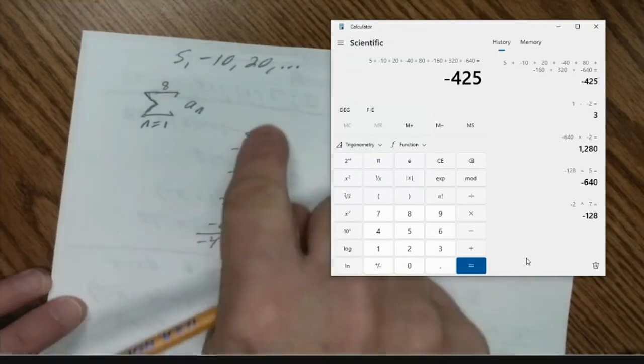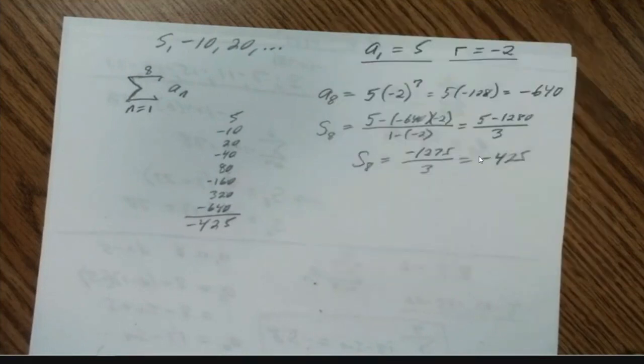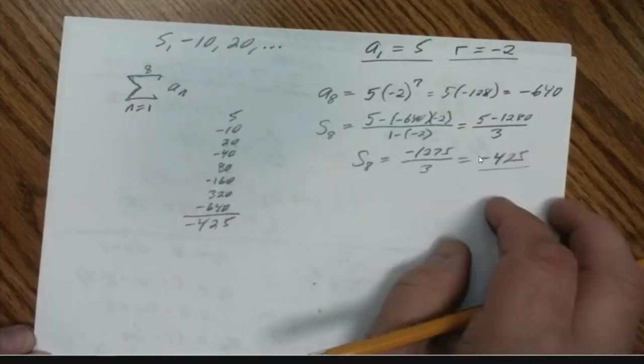You can do it this way if you like, but with the formulas we can jump straight to negative 425.